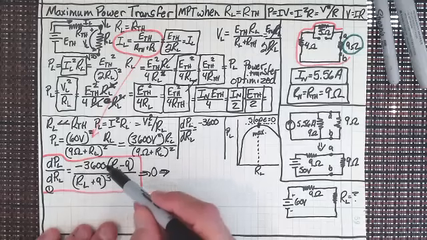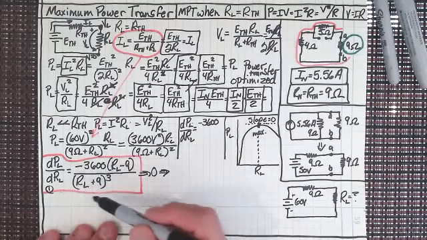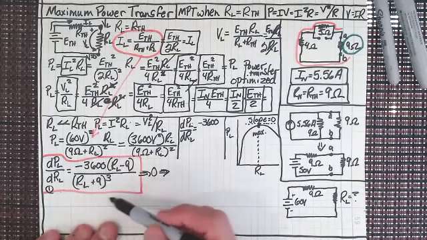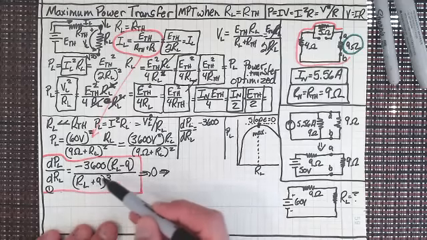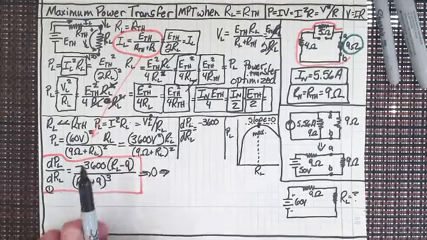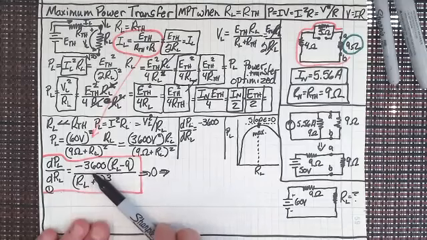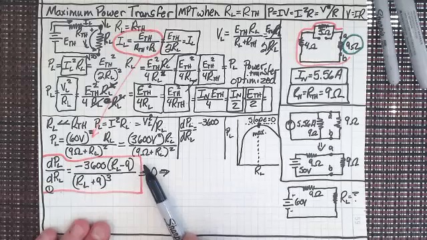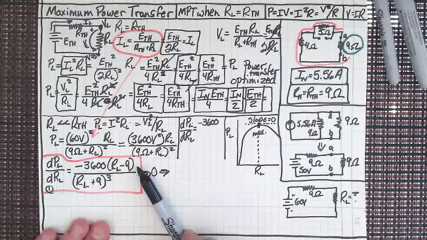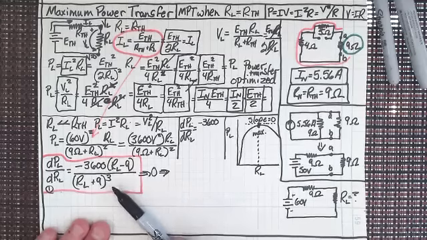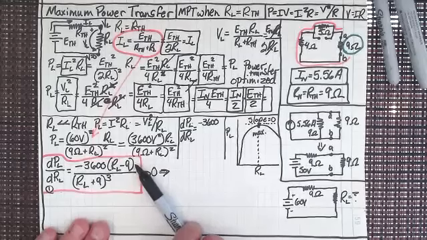Now, look at this. Before we go through a whole thing figuring out what this would be, just look at it for a second. What could R sub L be so that the numerator is 0? That's what we want. We want the numerator to be 0, because it doesn't matter what the denominator is. If the numerator is 0, it's 0.